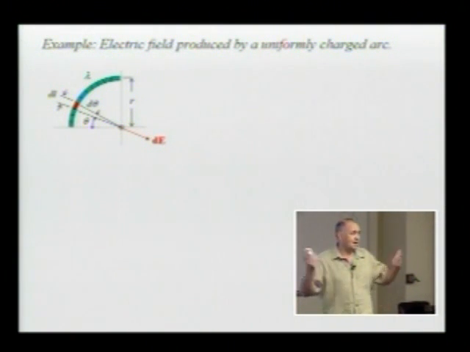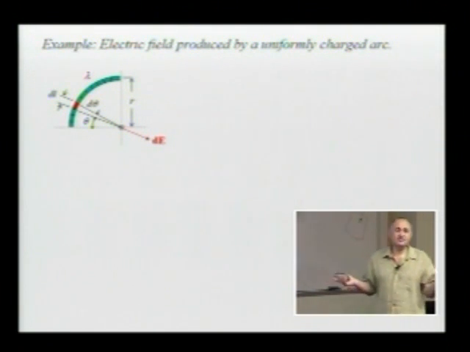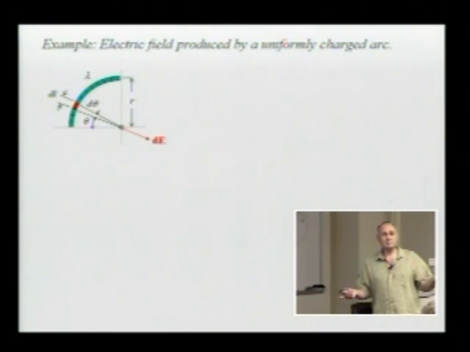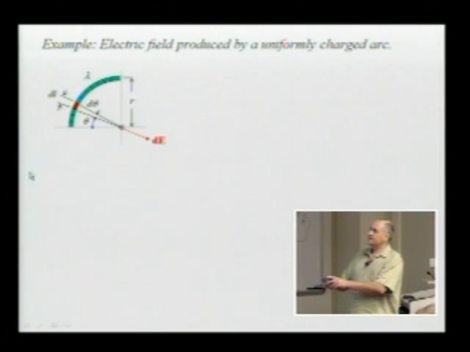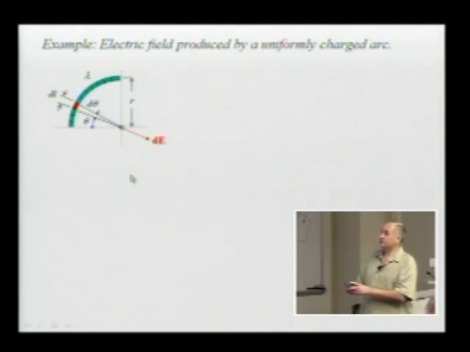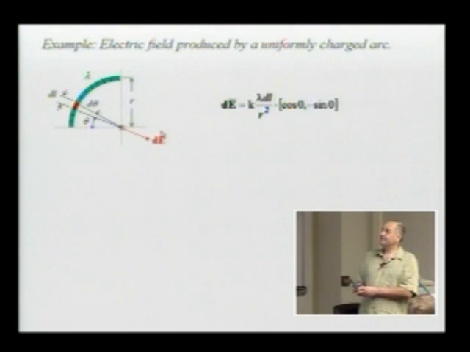In a moment, I'll show you a different approach, having a different drawing, and as long as you are consistent in your calculations, the solution is going to be correct. Right, let's come back to my drawing. Consistently with this drawing, let's write down the value of this differential electric field.